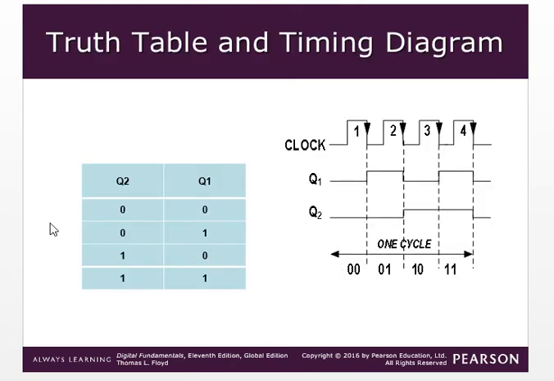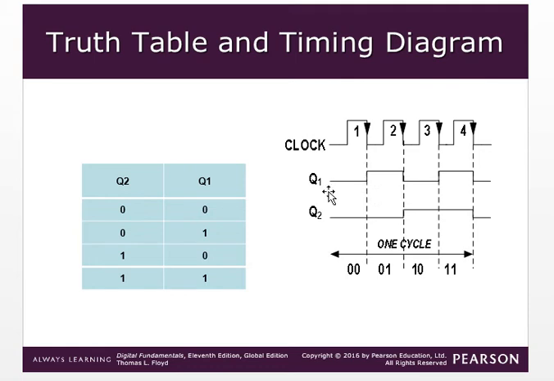Since it is 2-bit, let me analyze the truth table now. See here, the clock is coming, for 4 clock pulses. Q1 is the output of the first flip-flop, and we know that it is a negative edge triggered flip-flop. Whenever the first clock pulse comes, J1 and K1 put it in toggle state. Initially it is 0.